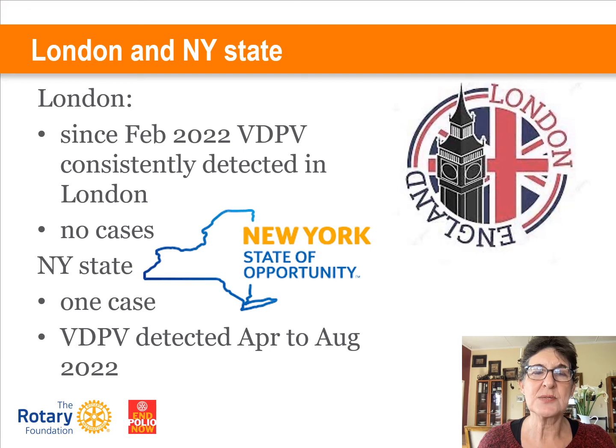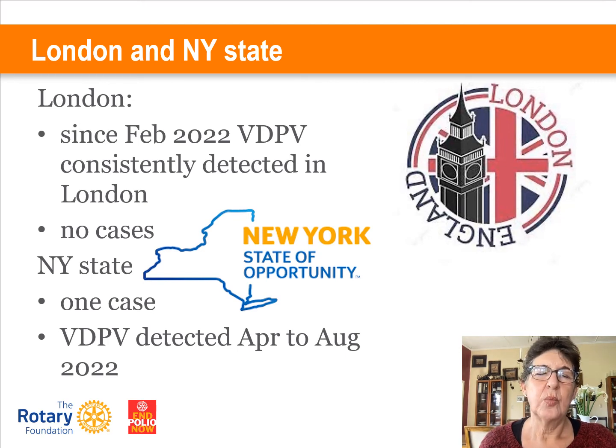The one case was a young adult who was unimmunized, and there was nothing wrong with his immune system. He was immunocompetent. So we're battling with circulating vaccine virus, as well as the very last places where we have wild polio virus.